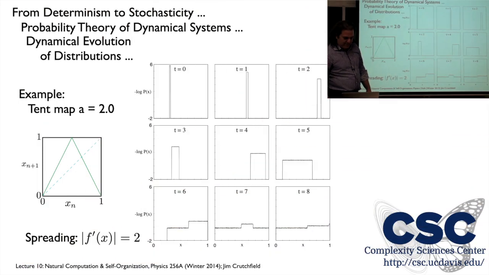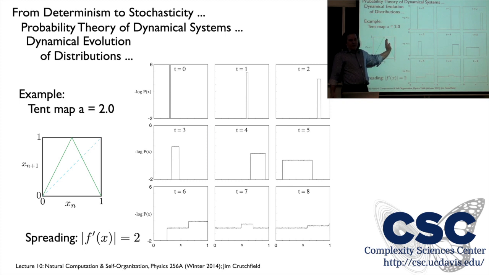Okay, let's keep going. It's a little bit more complicated than the shift map. We'll do the tent map. Now the tent map has slope 2 everywhere. It has a control parameter a, but I'll set that to 2, so the map goes all the way to the top. And the only difference with the shift map is this upper piece has negative slope.